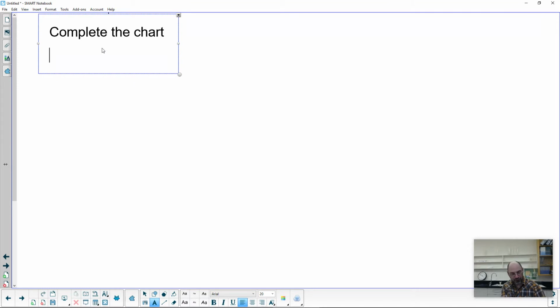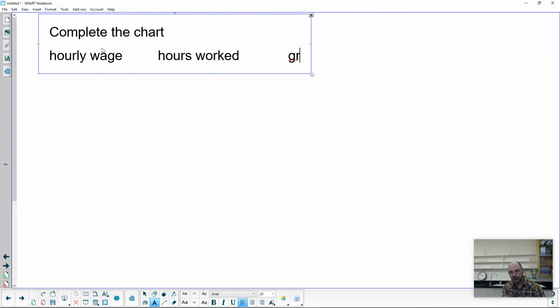If we had hourly wage, hours worked, and the gross income, it depends on what they give you.